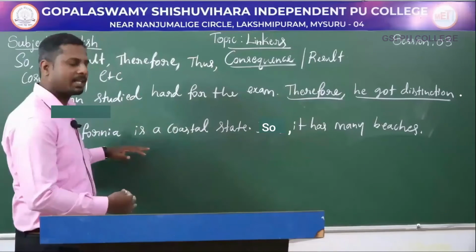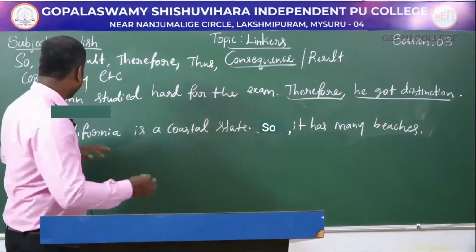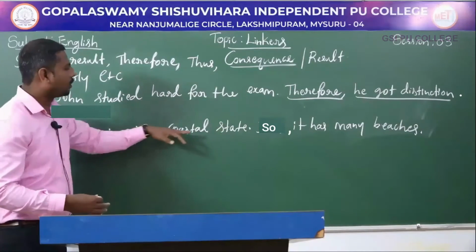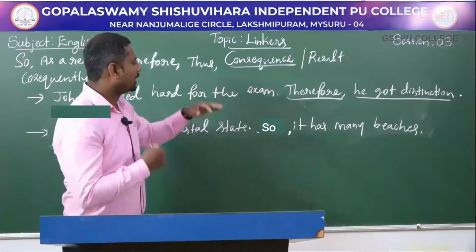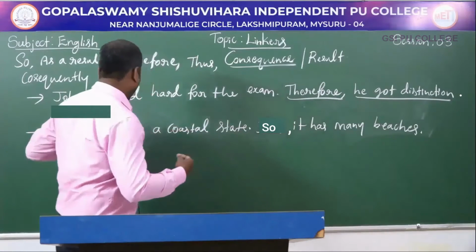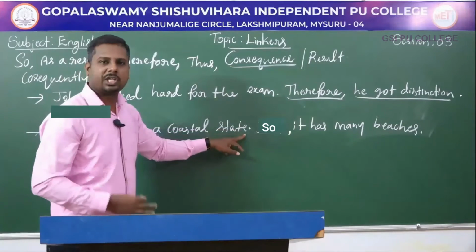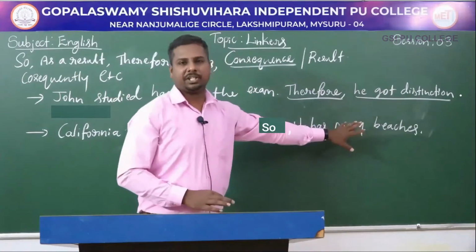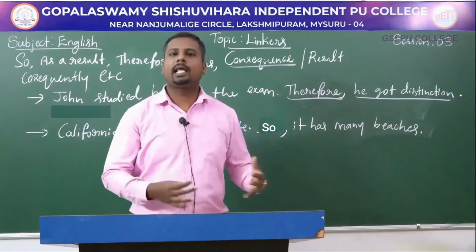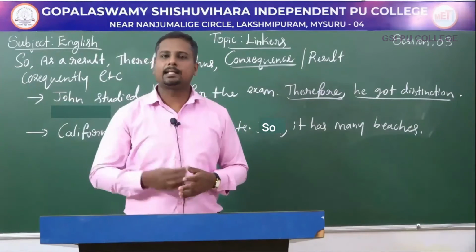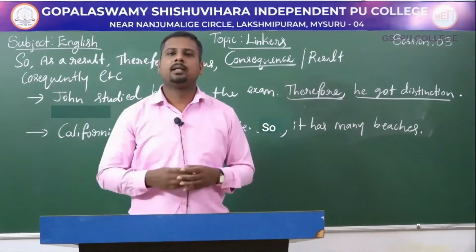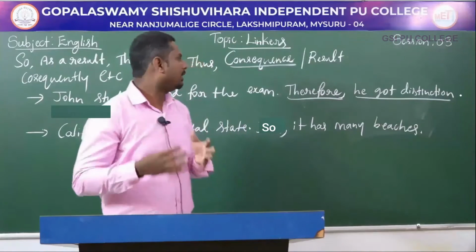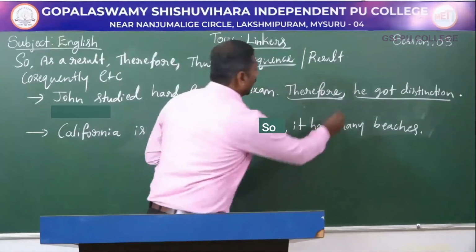What idea is placed before the word here? California is a coastal state. So the word so shows the result of California being a coastal state. What is the result? It has many beaches. Notice that in all these examples, linkers related to consequence start a new sentence followed by a comma.